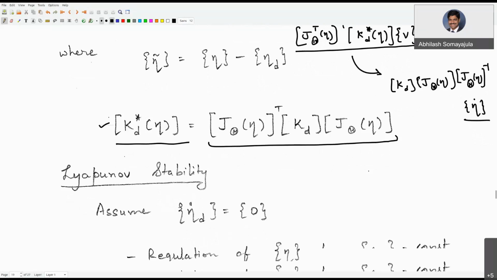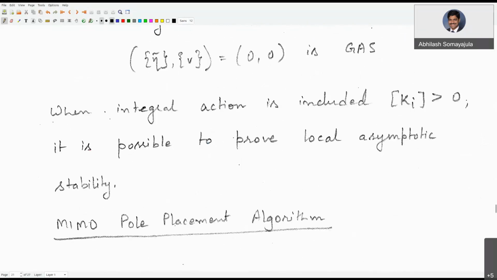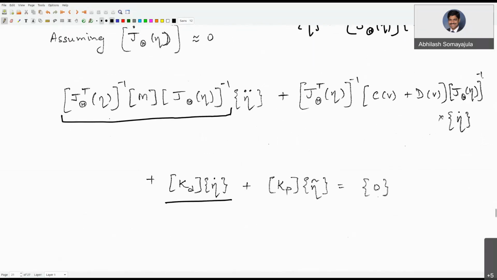At the end of the day, what I'll be left with is this term which you saw before plus KD times eta dot, and then I'll have KP times eta tilde. So this becomes my equations of motion expressed completely in terms of eta.